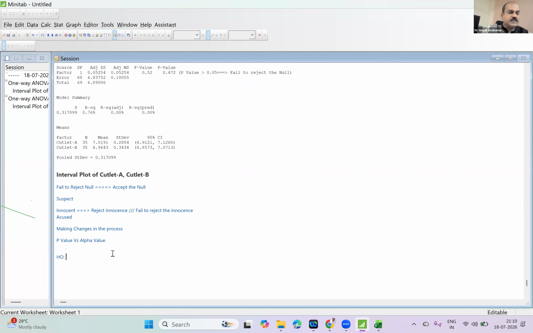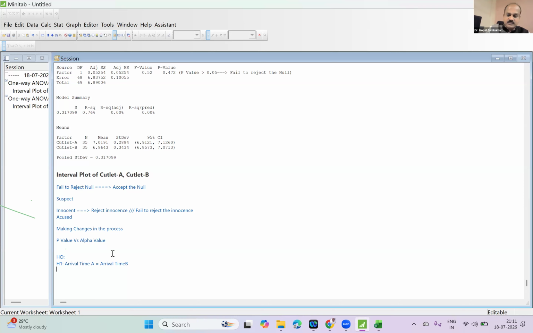So, now how to write the null hypothesis for this case? The cab arrival time for A is equal to the arrival time for B. How much time the cab takes to reach the place, we call it arrival time.